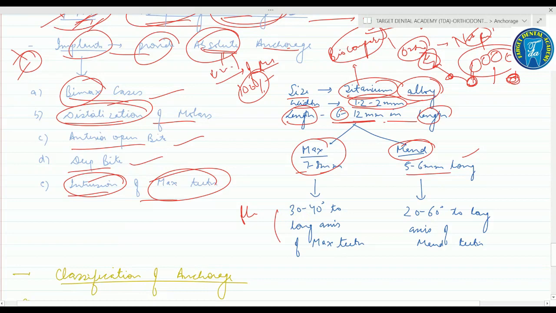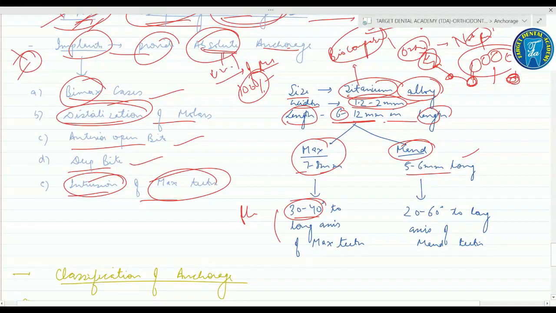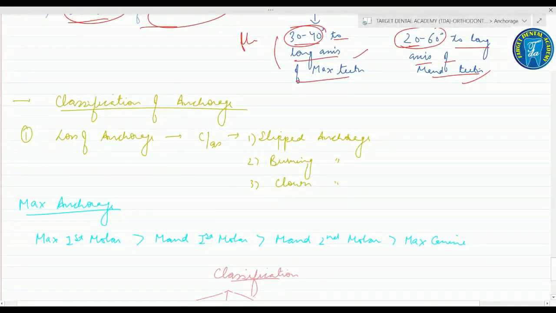In the maxillary arch, the implant is placed at 30 to 40 degrees to the long axis of the maxillary teeth, while in the mandibular arch, the mini implants are placed at an angle of 20 to 60 degrees to the long axis of the mandibular teeth. Fine. These 2 points are very important for your MCQ.